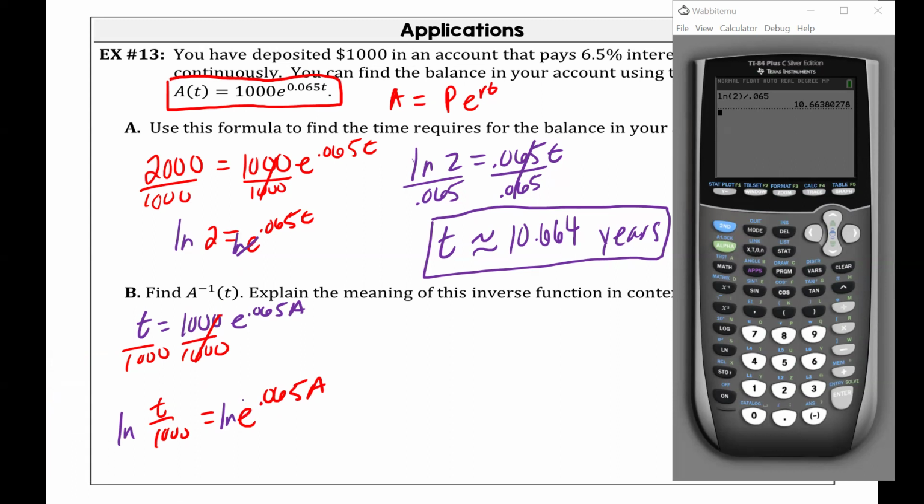That's exactly what we did here, right? They cancel out. So we're now left with natural log of t divided by 1,000 equals 0.065 A. Thank you. Good call. And then now we're going to divide all of that by 0.065.